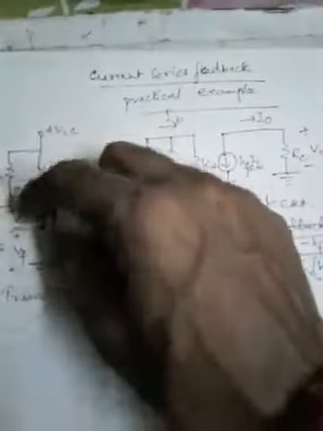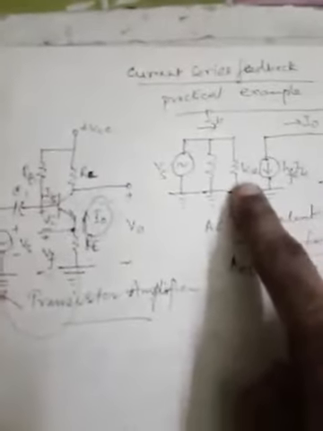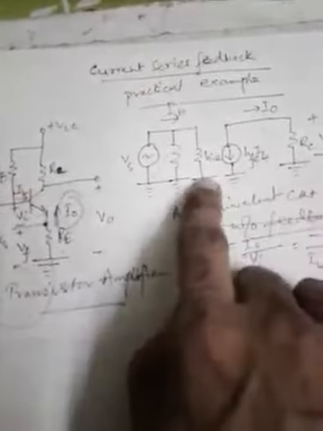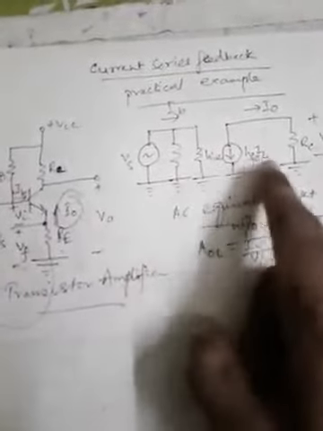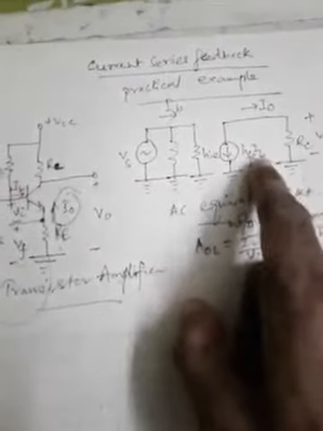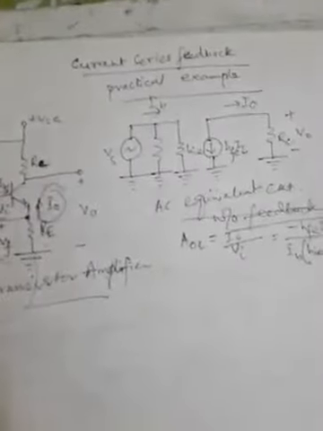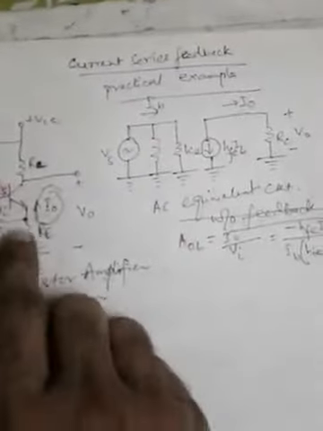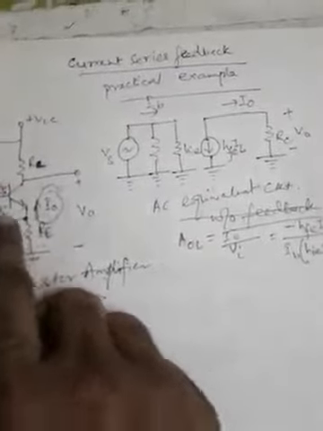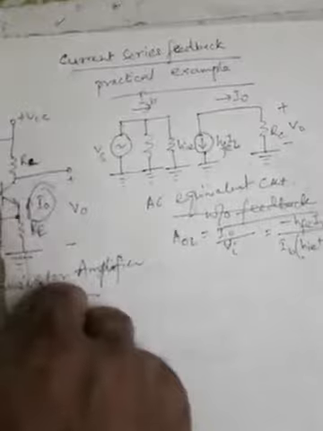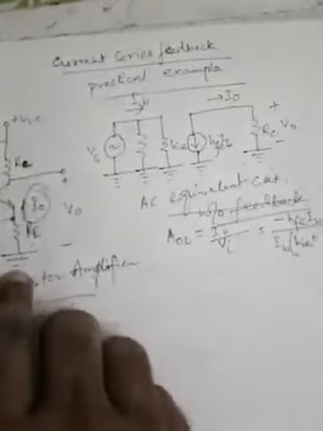That means the total input voltage VI is the base current across this base emitter terminal, which is shown here as HIE. That means this IB is flowing through this HIE, and also the IB which is flowing through RE. That means the resulting drop across RE is created by the flow of IB, because the IB will flow through this HIE and also through this RE.